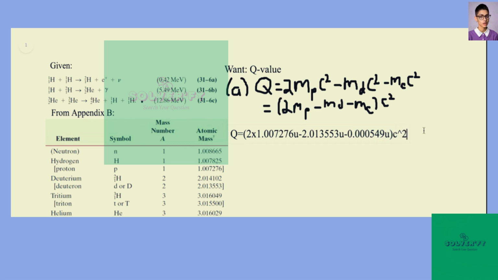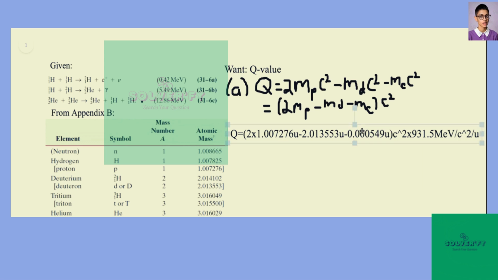We want all of this to be multiplied by c squared. And now you'll note that our units are in atomic mass units times c squared, whereas our final answer, we're looking for it to be in mega electron volts. So we'll need a conversion factor, which is 931.5 mega electron volts per c squared per u.